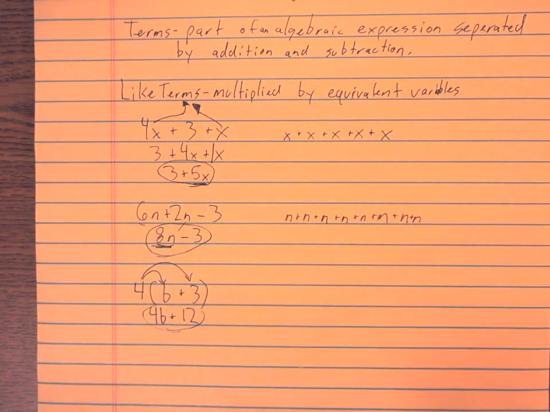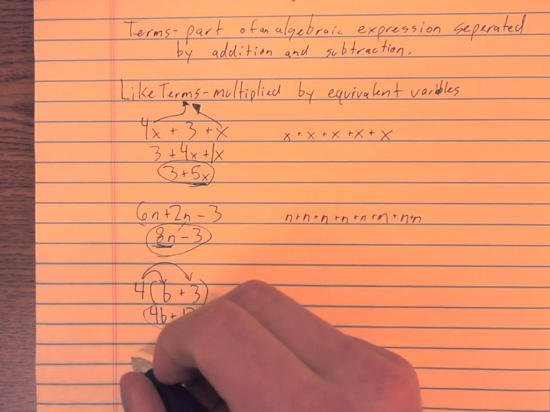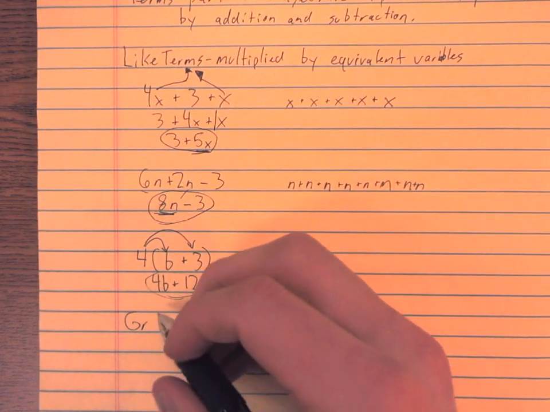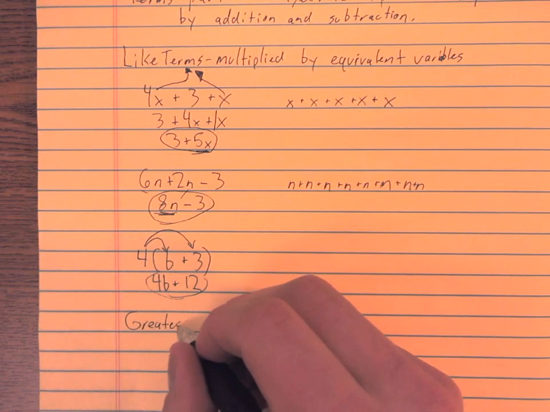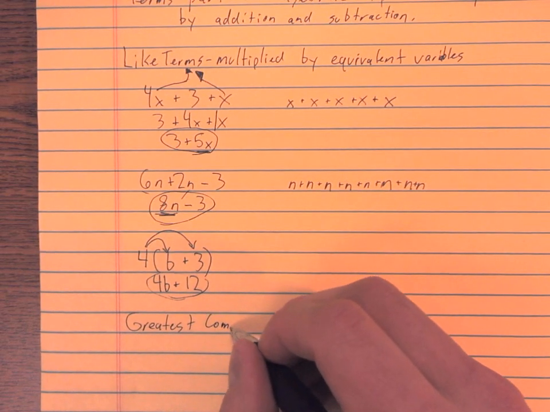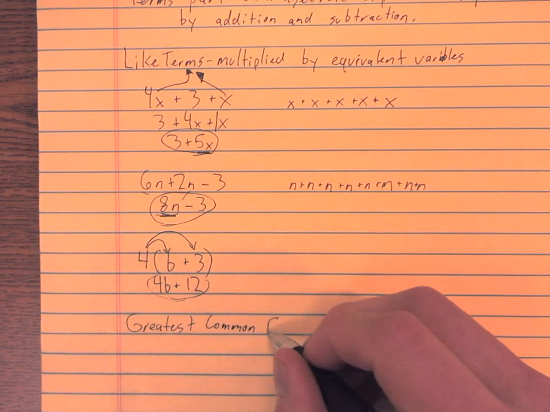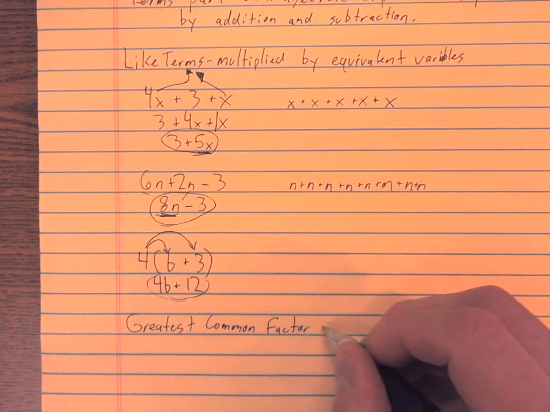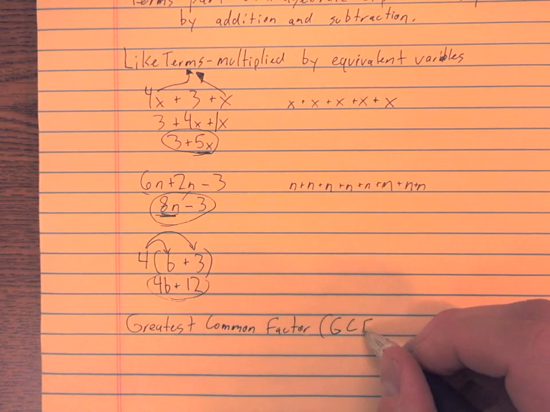Another way we could go about looking at this is sometimes we have to factor things, and we have to find what we call the greatest common factor. Okay, and you're going to hear me refer to it as the GCF.